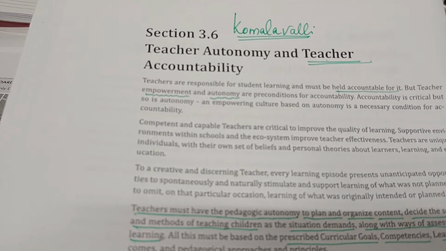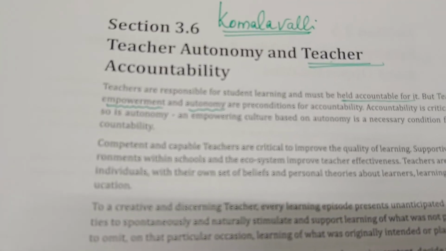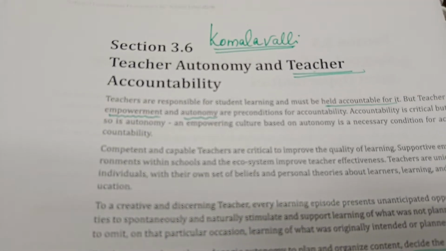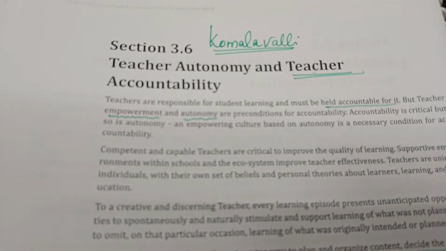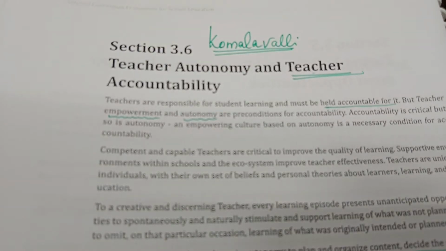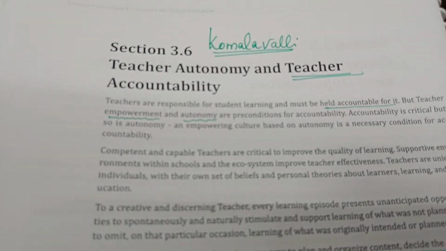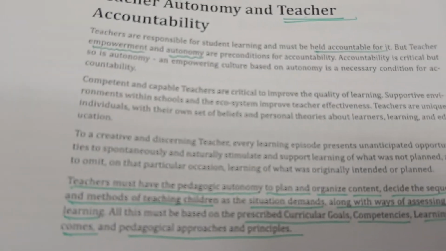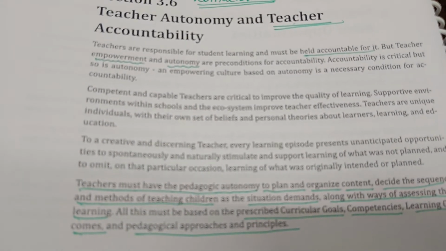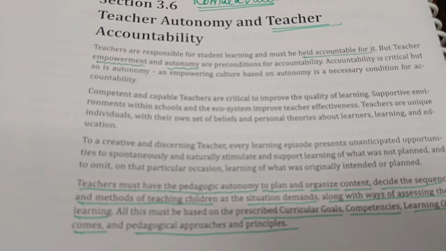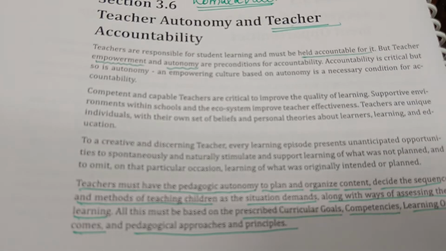Teachers are responsible for student learning and must be held accountable for it, but teacher empowerment and autonomy are preconditions for accountability. Accountability is critical, but so is autonomy. An empowering culture based on autonomy is a necessary condition for accountability. Competent and capable teachers are critical to improve the quality of learning.